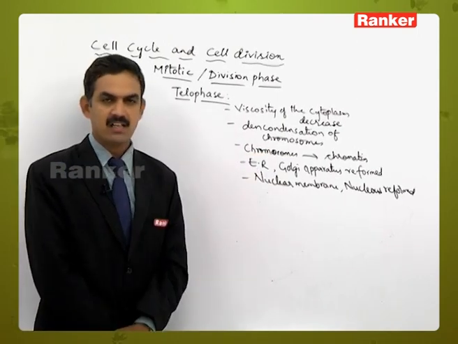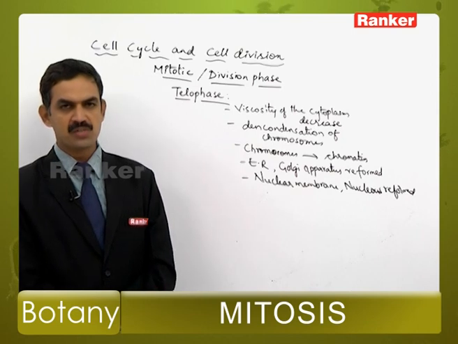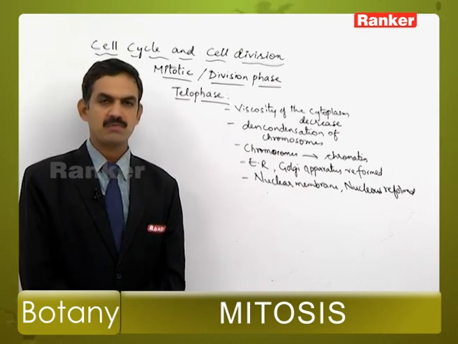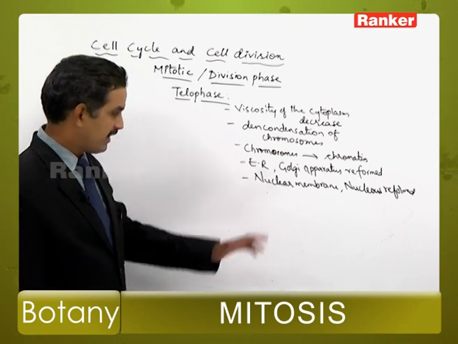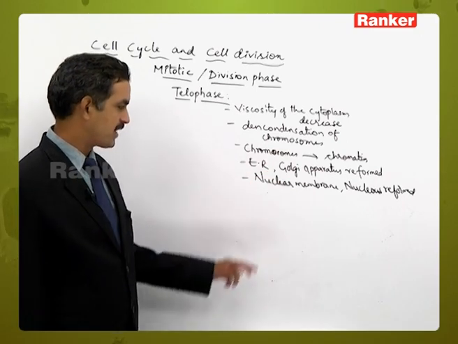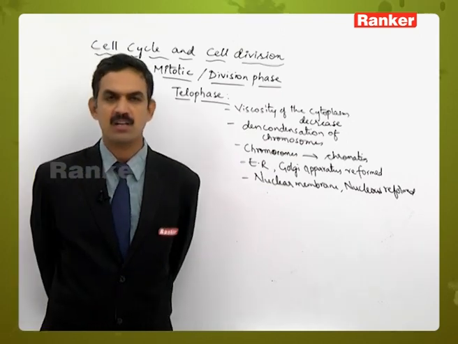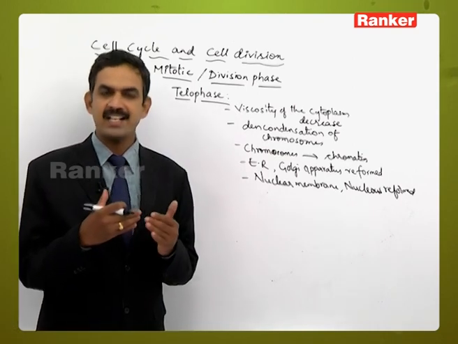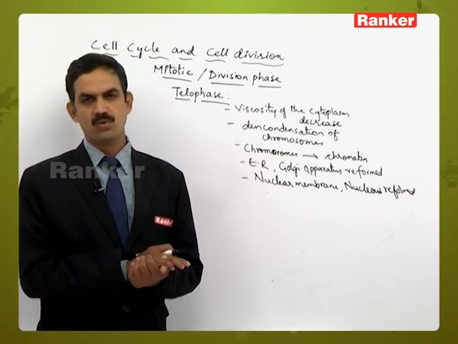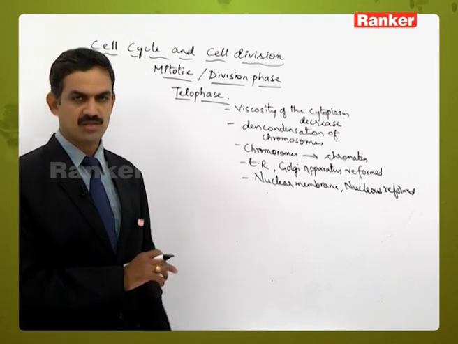The chromosomes contain a nucleolar organizer, a secondary constriction which can produce the nucleolus. So some of the nucleoli are formed from the nucleolar organizer of the chromosomes. Likewise, the reorganization is taking place. And how is the nuclear membrane formed? The nuclear membrane is formed somewhat from the endoplasmic reticulum. So the changes taking place are exactly opposite to the changes that took place during the prophase stage.